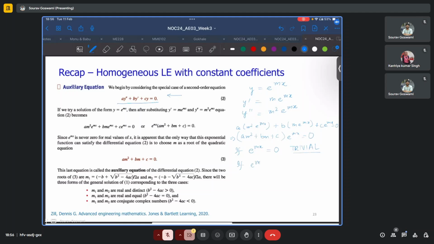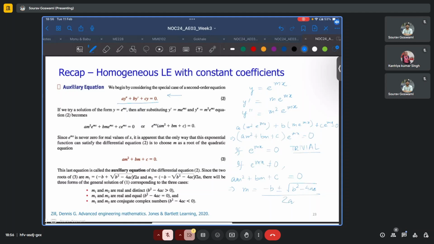However, if e power mx is not equal to 0, then am square plus bm plus c is equal to 0. And given that this is a quadratic equation, we can obtain solutions as m equals minus b plus or minus under root b square minus 4ac, by twice a.